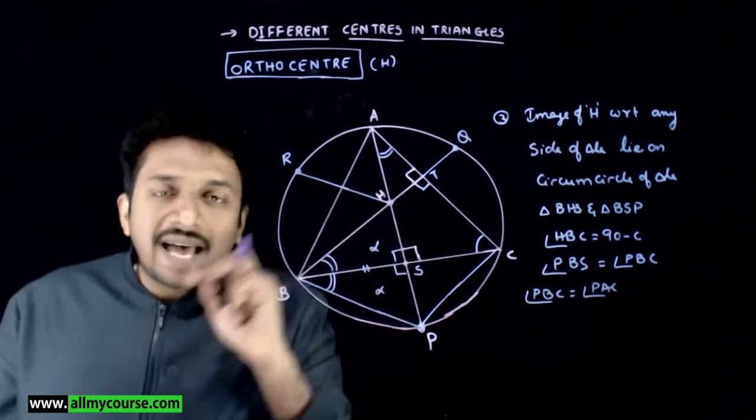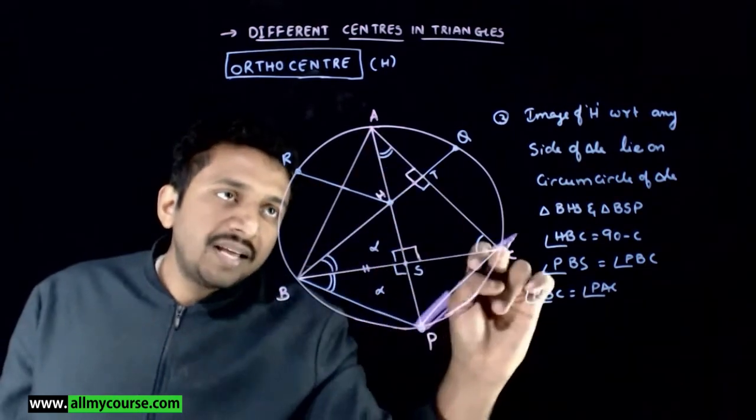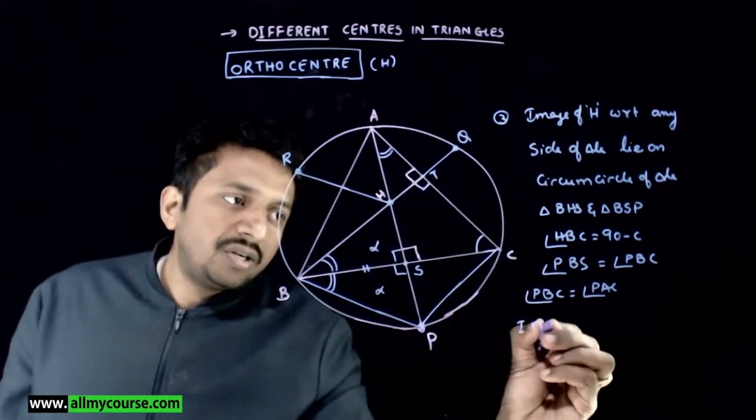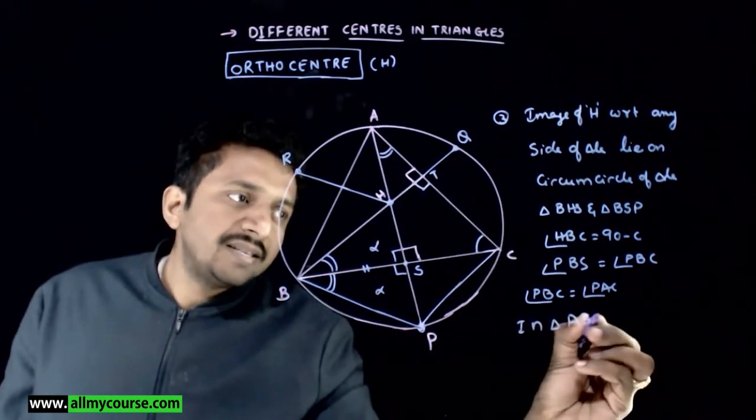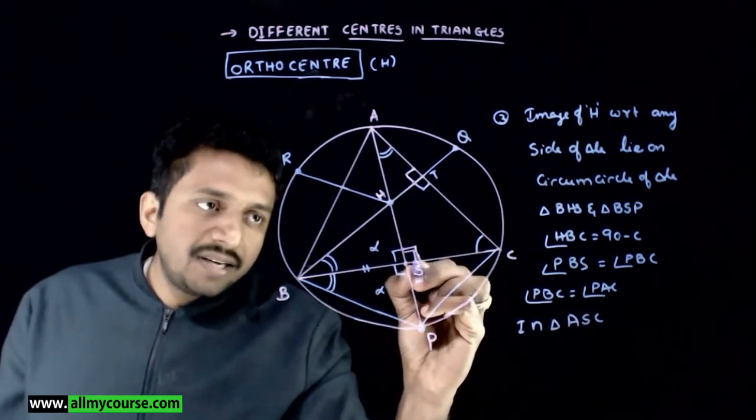Now what is this angle equal to? Let us take triangle ASC. Angle S is equal to 90 degrees.